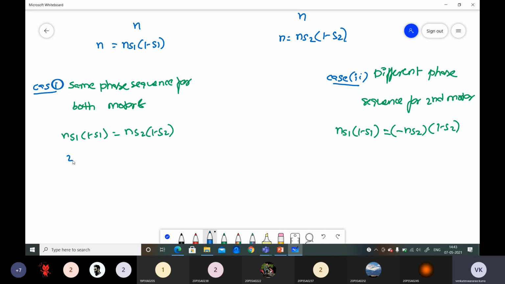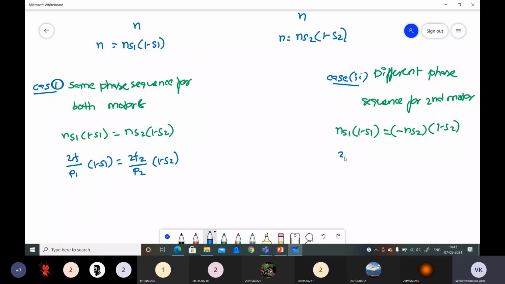Now the formula for ns1 is 2f by p1 into 1 minus s1 equal to, this one is ns2, which means 2f2 by p2 into 1 minus s2.